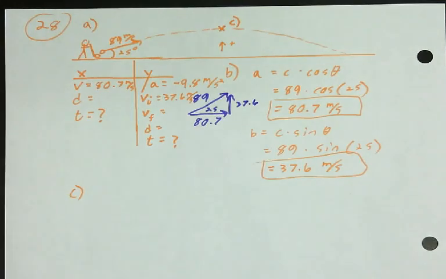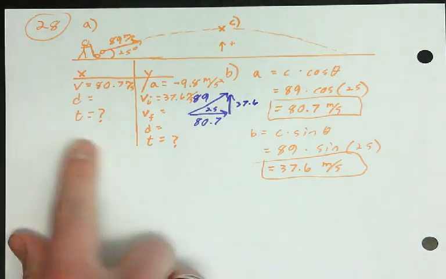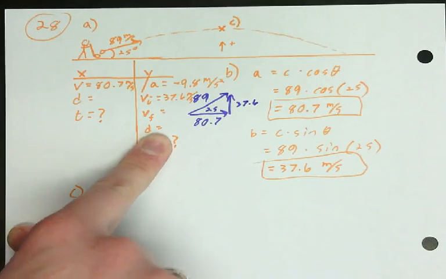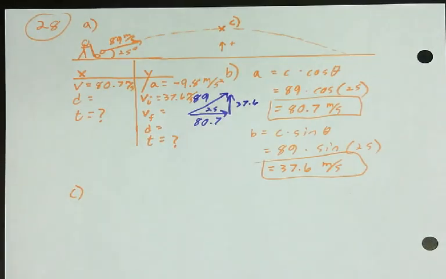So read C carefully and see if you can use that to figure out what else you know. You're going to need to know either D in the X, VF in the Y, or D in the Y. See if you can figure out which of those you also know based off the wording. Okay, I'll give you a couple minutes here.